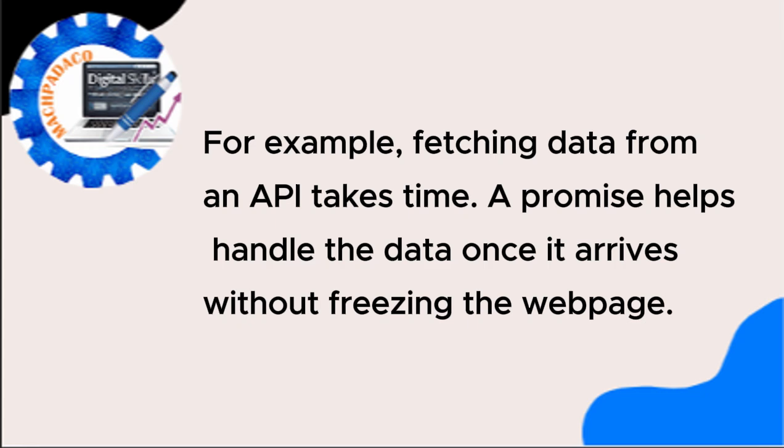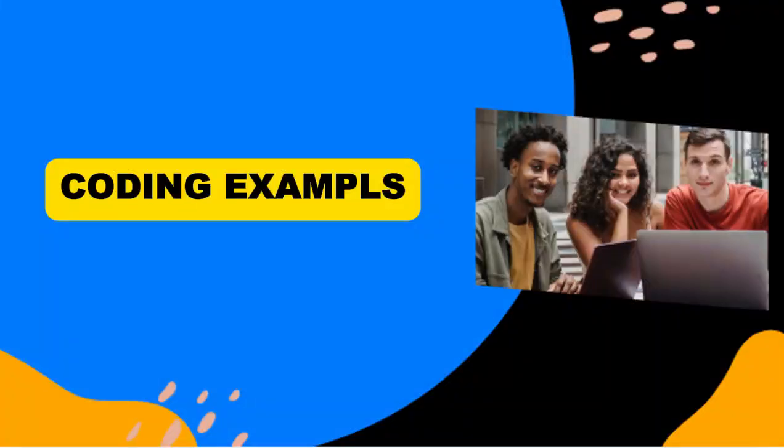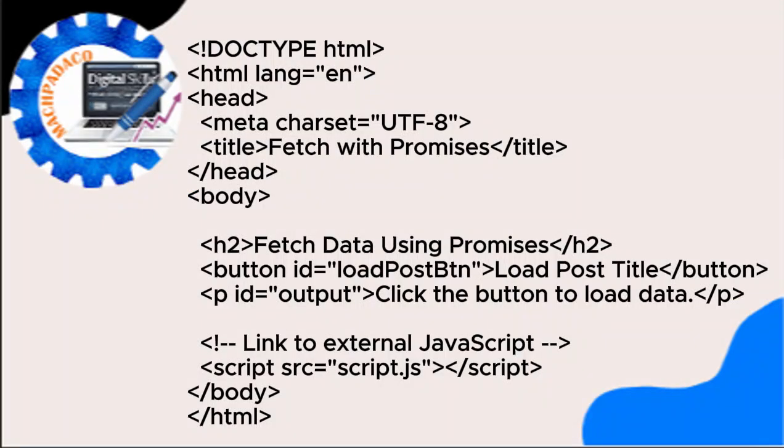A promise helps handle the data once it arrives without freezing the web page. Coding examples. As you can see on the screen, this is our HTML code for this task. Study it and let's move to the coding environment proper.